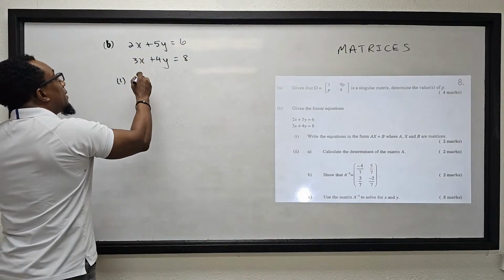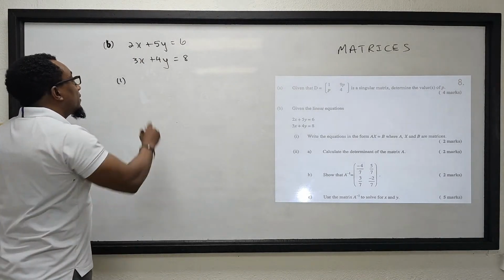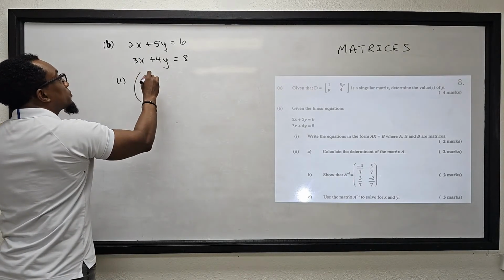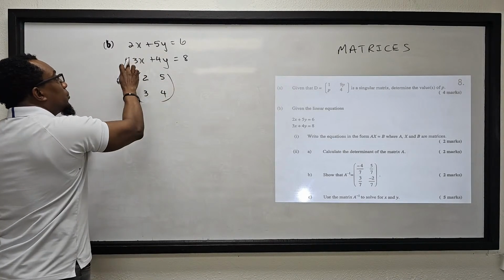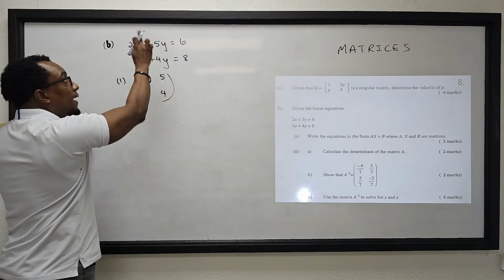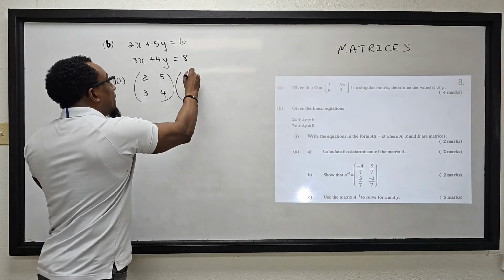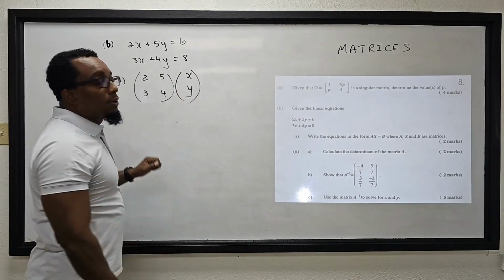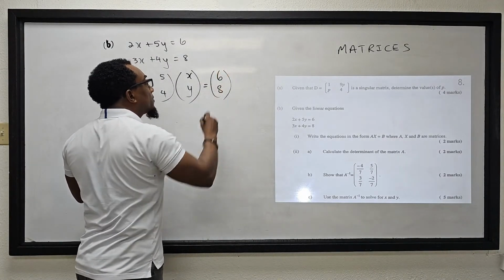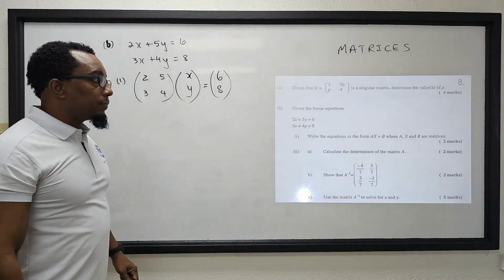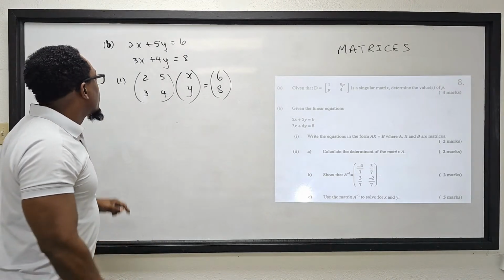I'm just taking the numbers in front of x and y, the coefficients of x and y, and I'm going to put them in one matrix. 2, 5, 3, and 4. Positive 2, positive 3, positive 5, positive 4 will go in one matrix, multiplied by x y, the unknowns in another, is equal to 6, 8, the constants in one matrix. That's part 1 there.